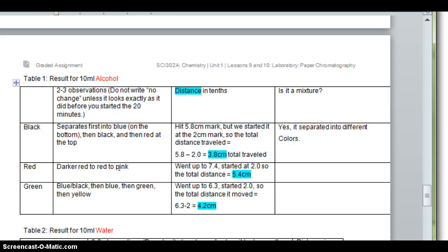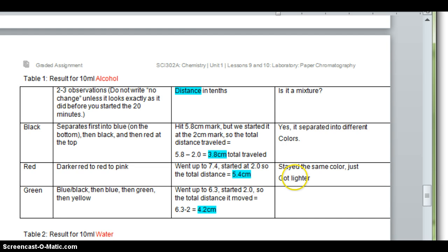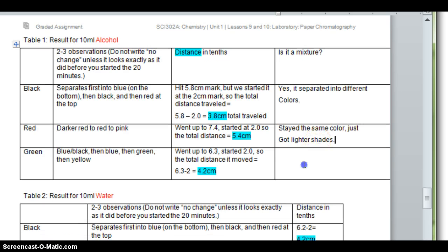You get pink from just having a lighter red, right? So I would say stayed the same color, just got lighter shades, because technically pink would be a shade of red. All right, what about green? Is green a mixture? Why or why not? And yes, it's a mixture because it's separated into different colors.